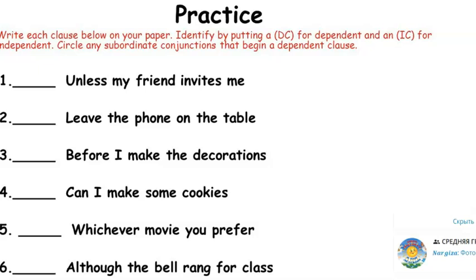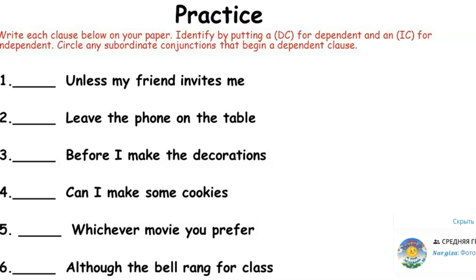Okay, let's analyze together then. First one is dependent clause, unless is subordinating conjunction. Second one, independent clause that has complete thought. Third one, dependent clause, before is subordinating conjunction.